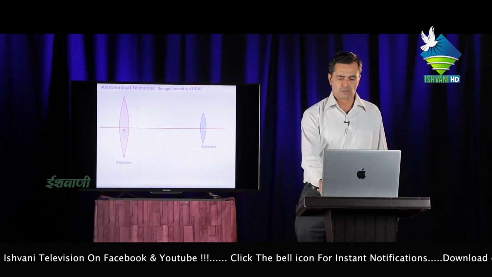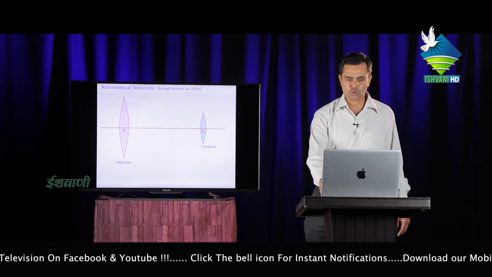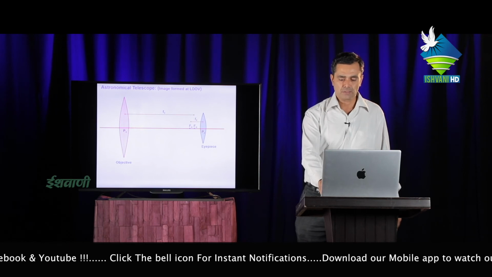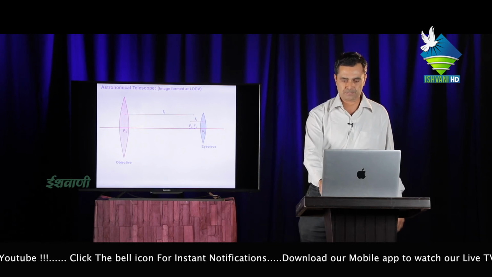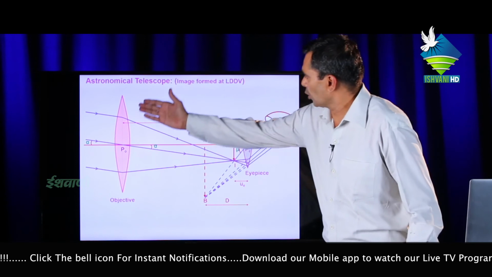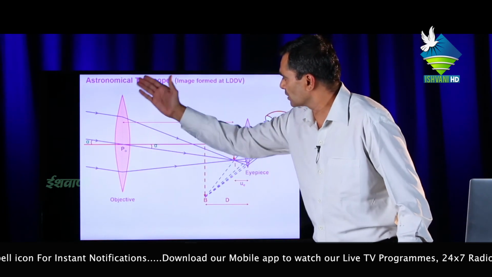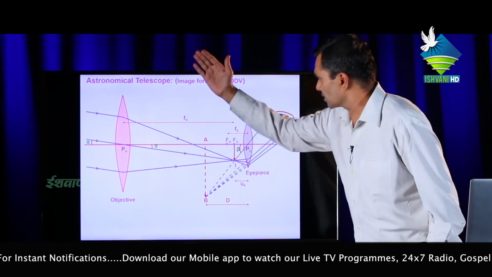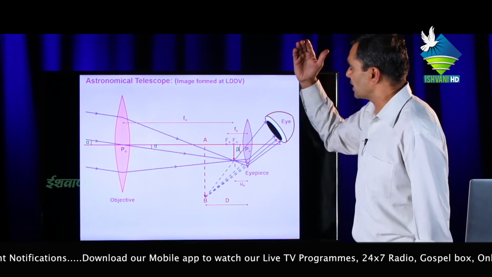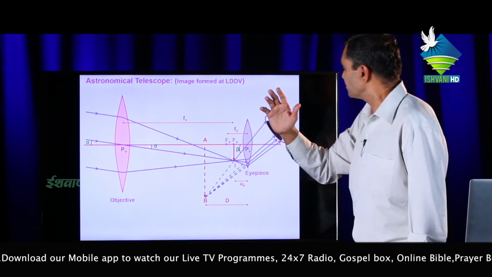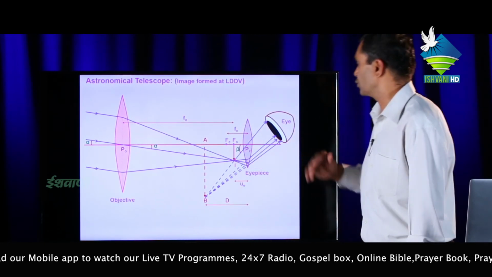Next question, astronomical telescope, image formed at least distance of distinct vision. Same situation. This is the objective lens, and light coming from infinity, parallel to each other, is incident on the lens, and all rays after refraction meet at this point. That means for this objective lens, the object is at infinity and the image at FO.